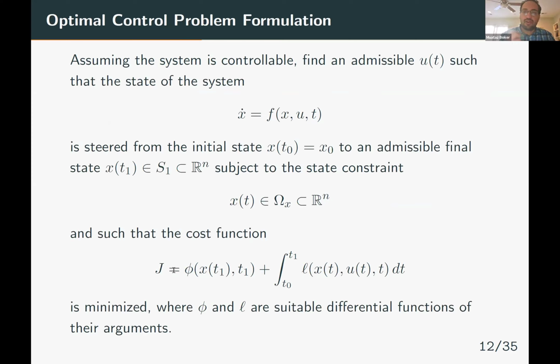So the problem is find u such that the state of the system is steered from an initial state to an admissible final state subject to constraints.